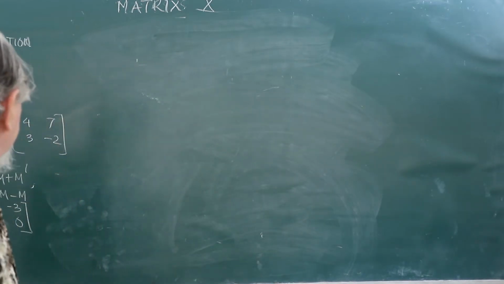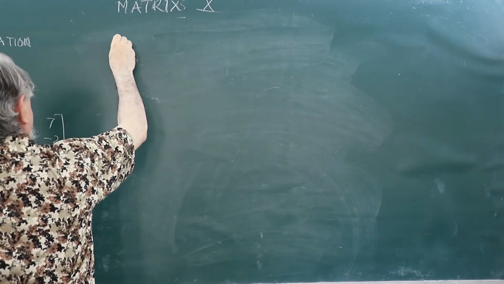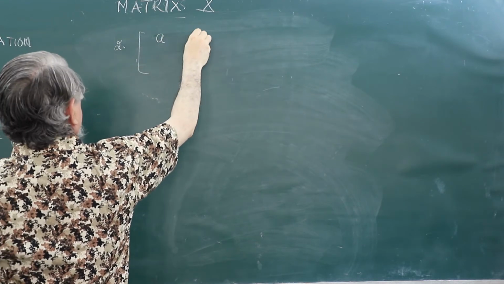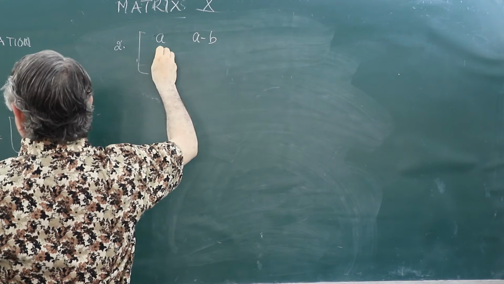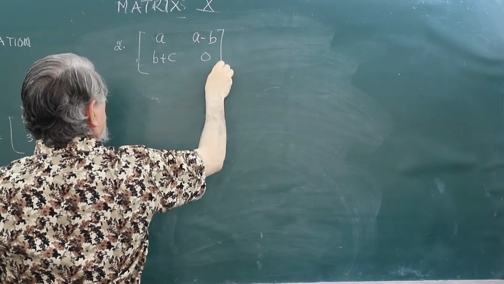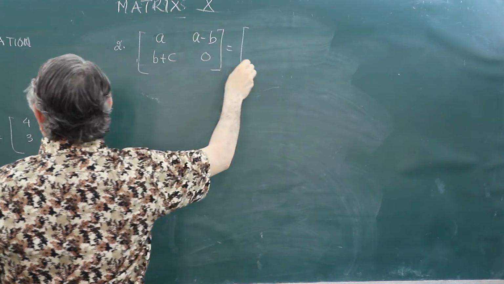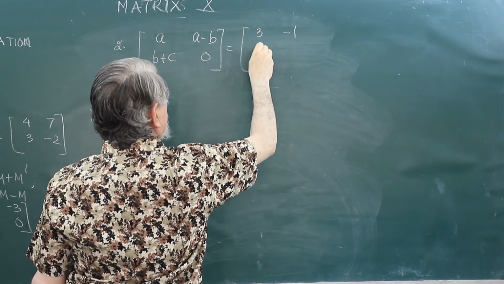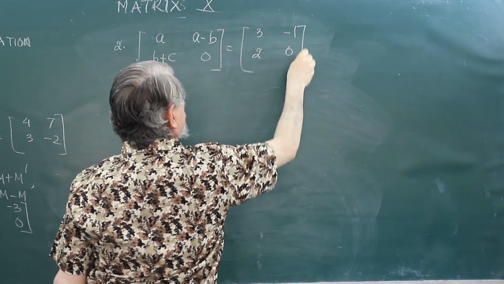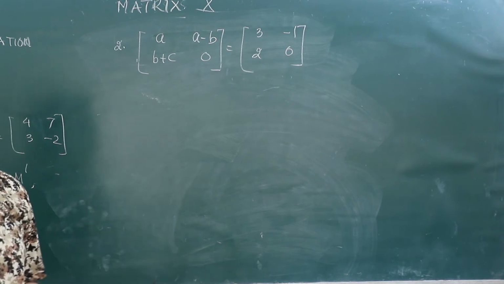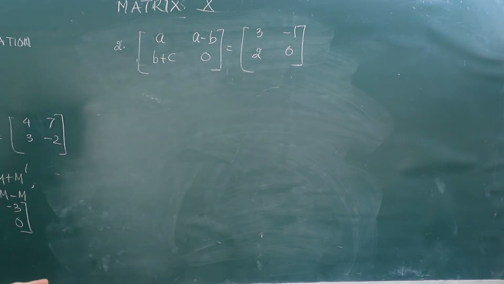For example, let us see the second one here. A minus B, B plus C, 0 is equal to 3, minus 1, 2, 0. Again, the two matrices are equal only if the corresponding elements are equal.